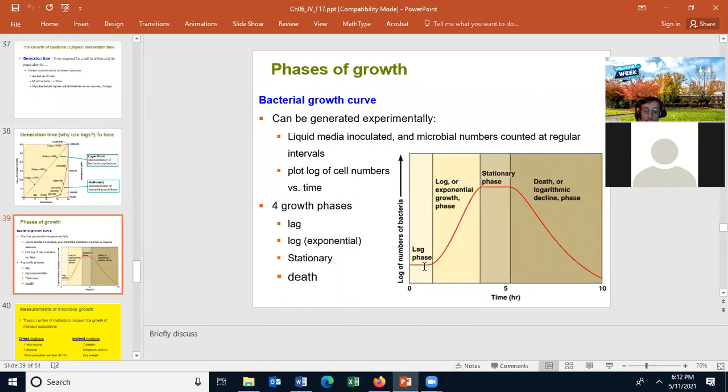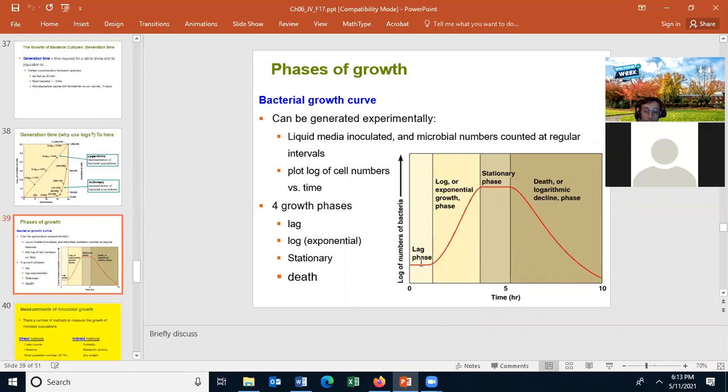And why that's the case is because the bacteria are making the enzymes they need to grow in this new environment. And it's a new environment because we inoculated from a solid media. We now are growing them in a liquid media.